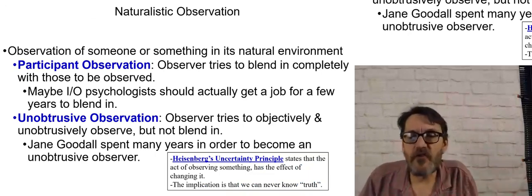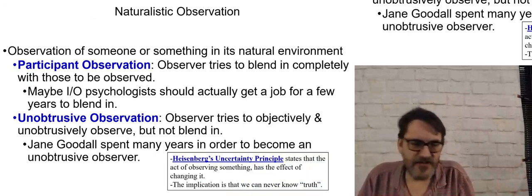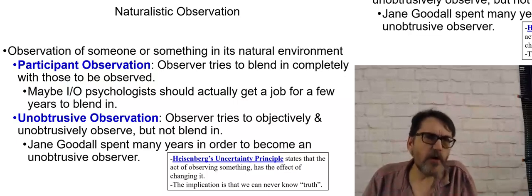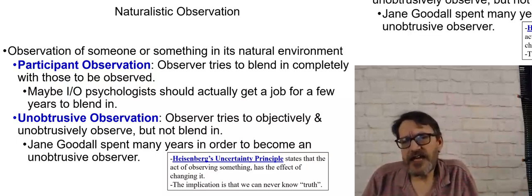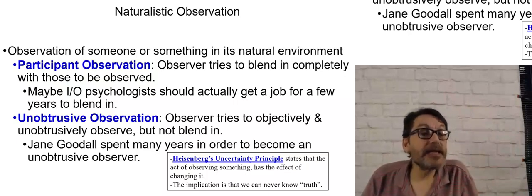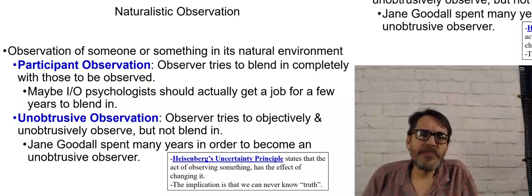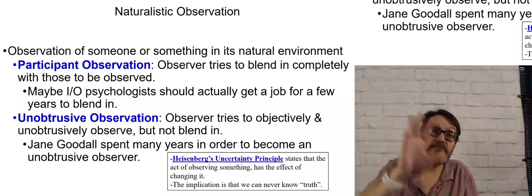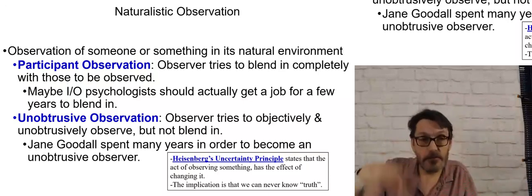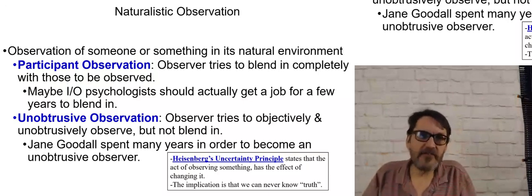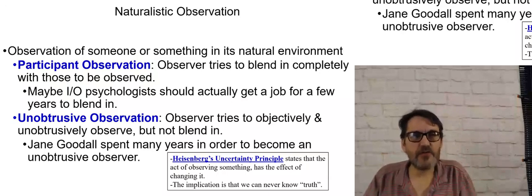The most famous of all the naturalistic observational studies was Jane Goodall, who wanted to understand the behavior of chimpanzees. So she goes to the London Zoo, and she finds that the behaviors of these animals in the zoo are just crazy, not normal, weird.